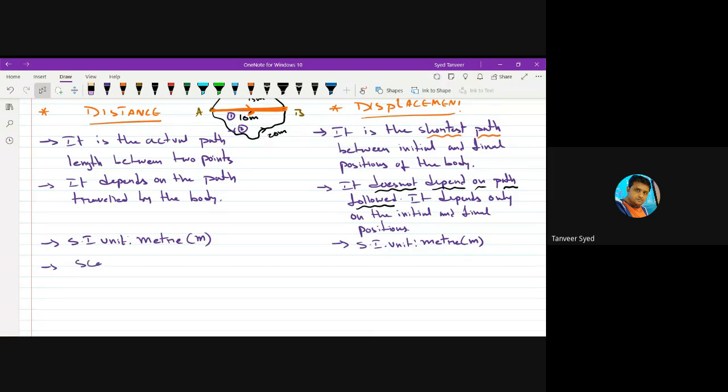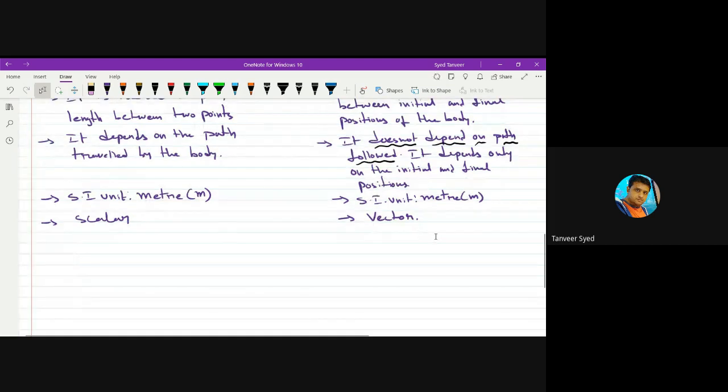Distance is a scalar quantity. Displacement is a vector quantity. And don't forget the vectors that we have learned. We will be using them here. Distance is scalar, displacement is vector.